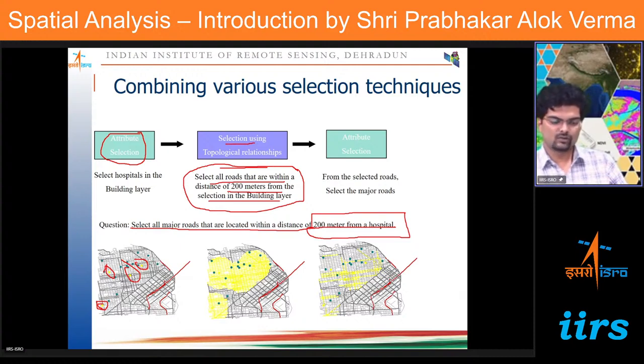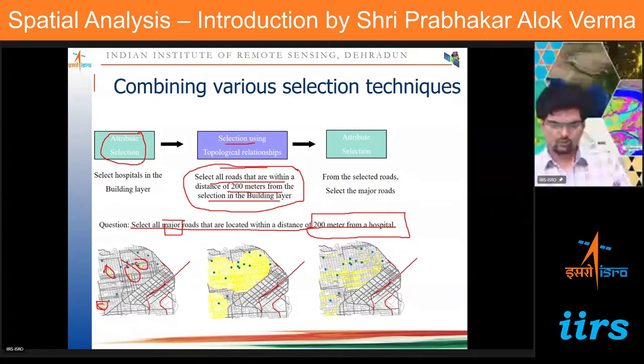But your task was to find out major roads. So now you have to again filter these selections using attribute selection. So select the major roads from the selected roads. So again an attribute query needs to be applied. Interactive selection cannot be performed now because the number of selected roads will be high in this case, so performing interactive selection will be very difficult.